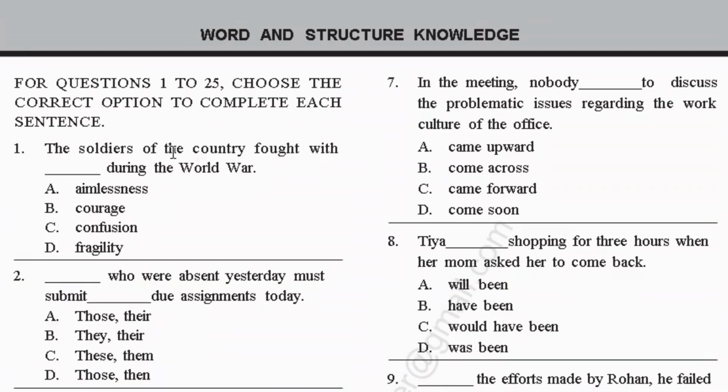When they are fighting for the country, it should be courage. It can't be confusion as well, and fragility means the quality of being delicate. So the correct answer is option B, courage. The soldiers of the country fought with courage during the World War.